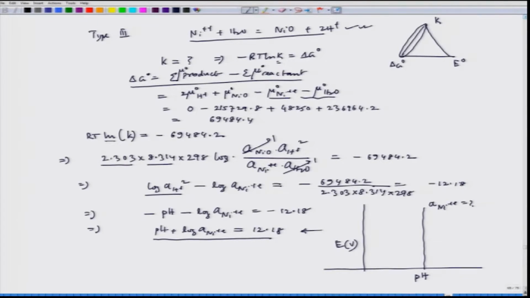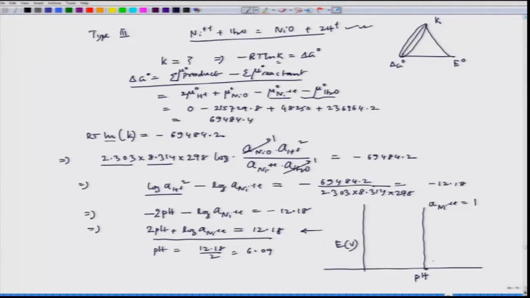Now, I think we made a small mistake here. There should be 2 here, 2 pH, because this power 2 would come. Now, if we consider this to be 1, then the pH value at which this particular equation would be valid is 12.18 by 2, equal to 6.09.